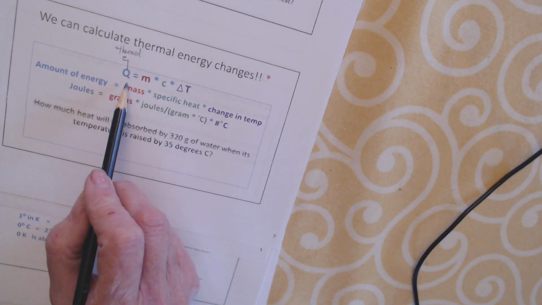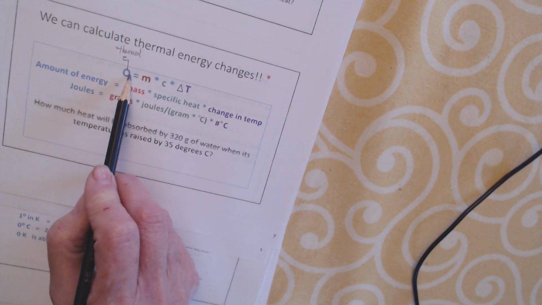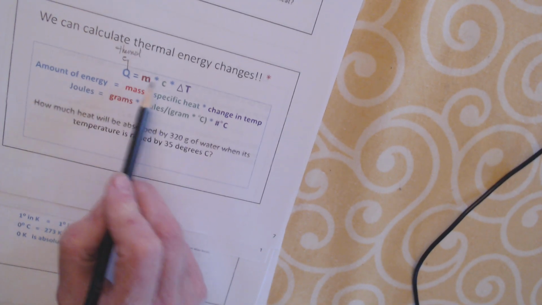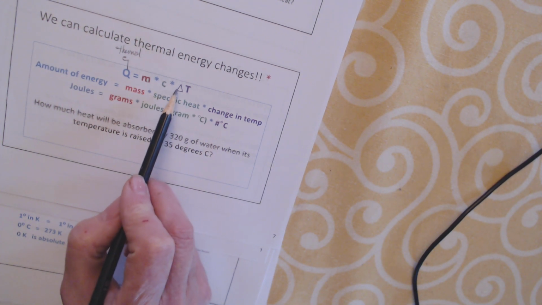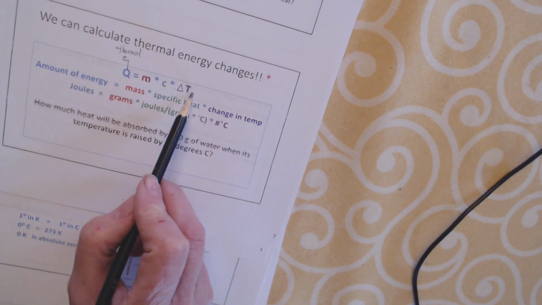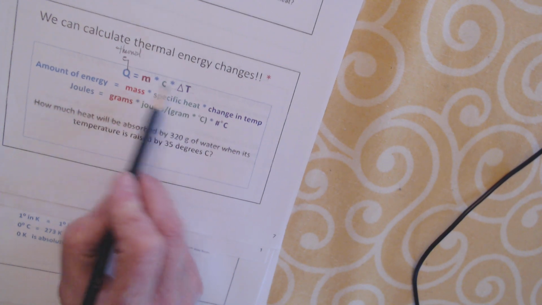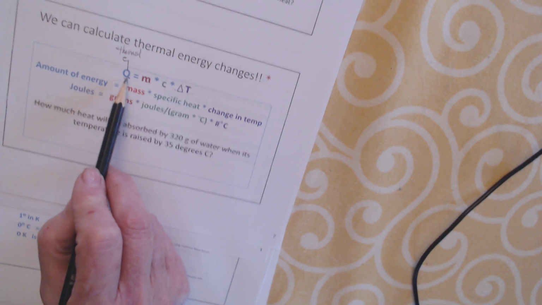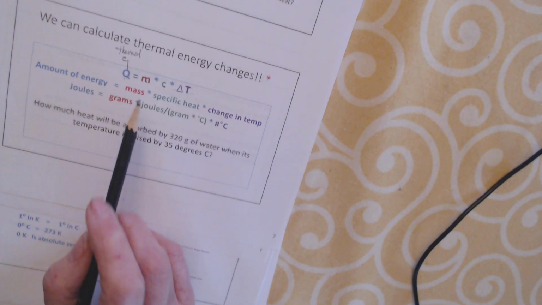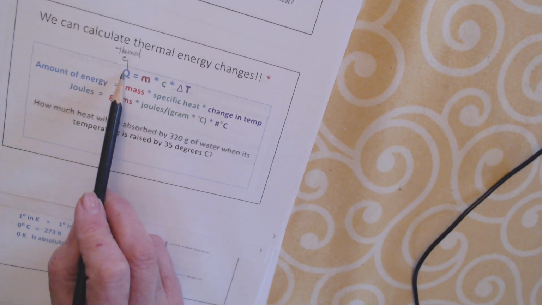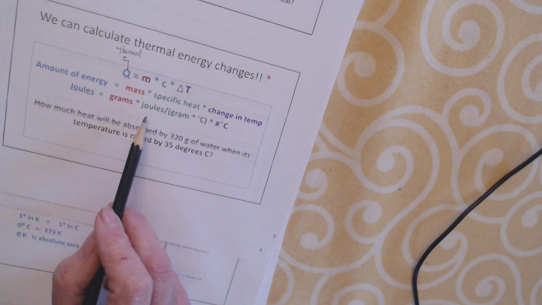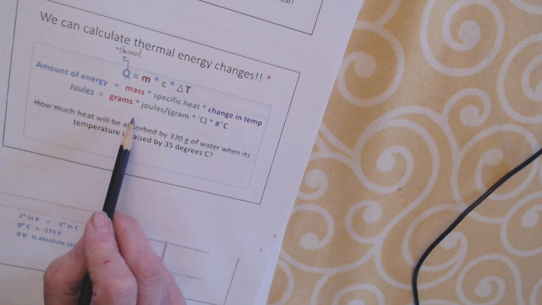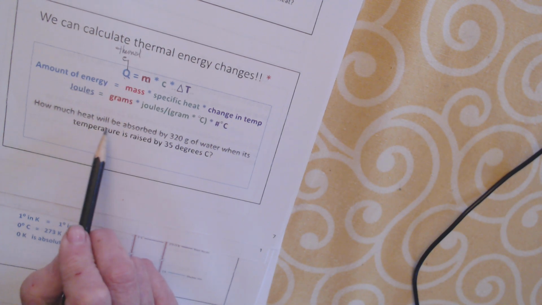So if I want to know how much thermal energy to apply to this thing to raise its temperature by a certain amount, I can figure that out using this formula. And remember, I can work in joules, or in big C calories or little c calories.